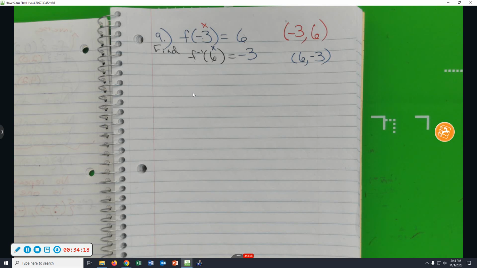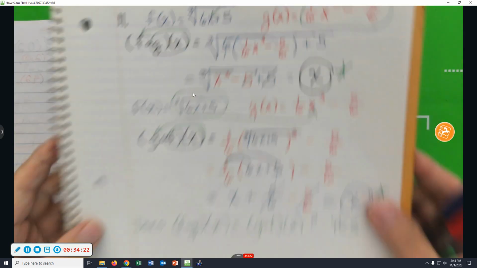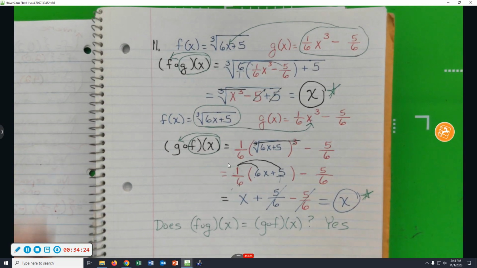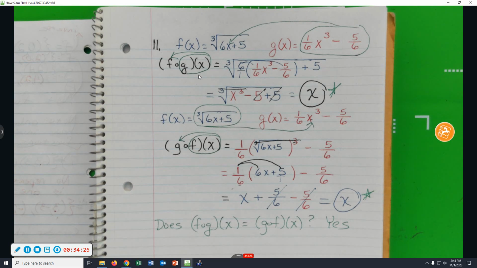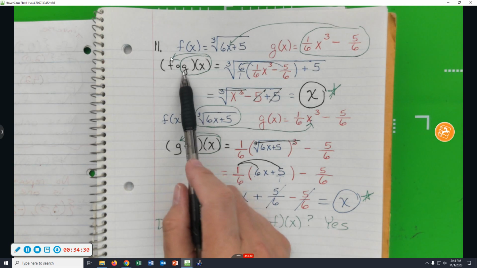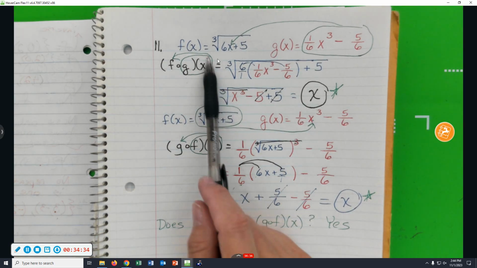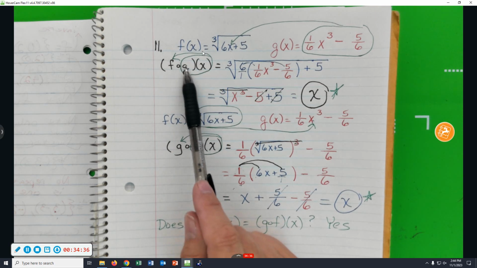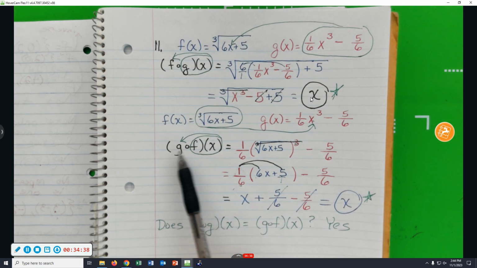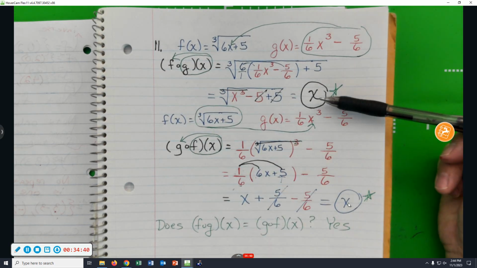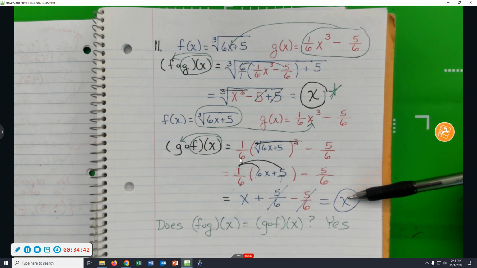We've seen some stuff. Yeah, I remember this stuff from composition of functions. Last week we were looking at it, if I remember correctly. We found the composition. We performed the functions consecutively in either order, and everything canceled out except the variable x.